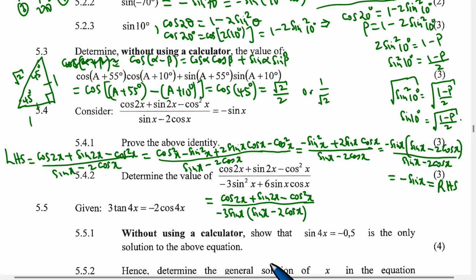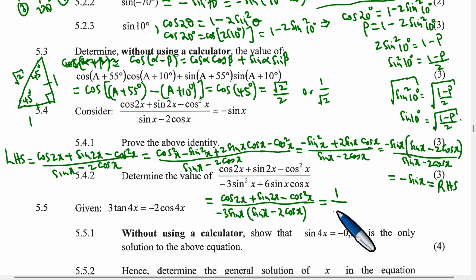Okay? And if you look very carefully, cosine 2x, sine 2x, minus cosine squared x. The bottom is sine x minus 2 cosine x. So this is actually the same as these, but this whole thing is just a minus sign. So we can proceed and say this with that together.